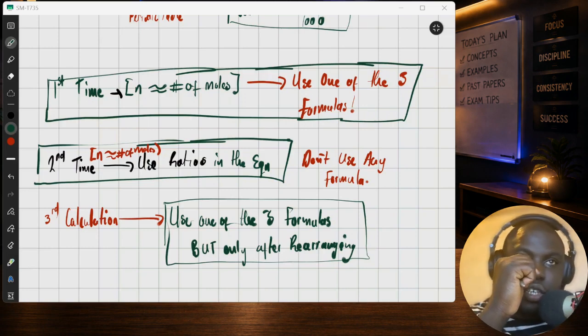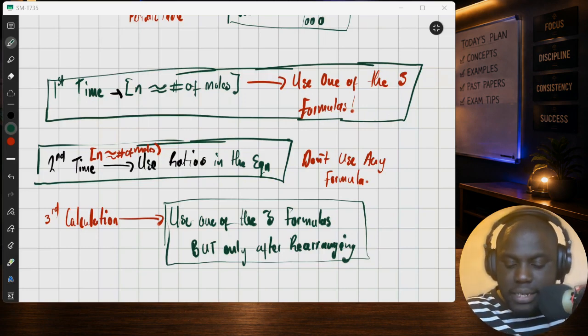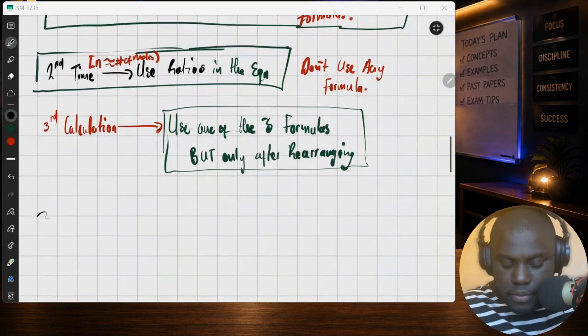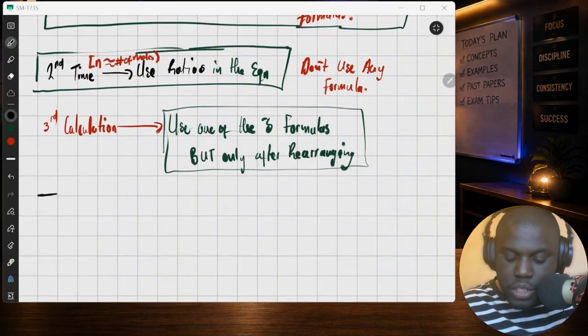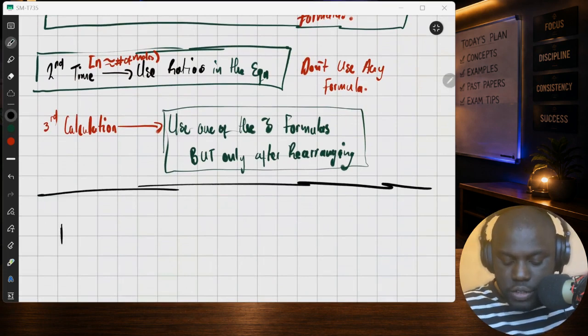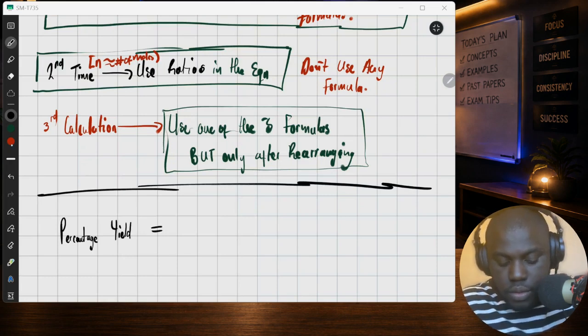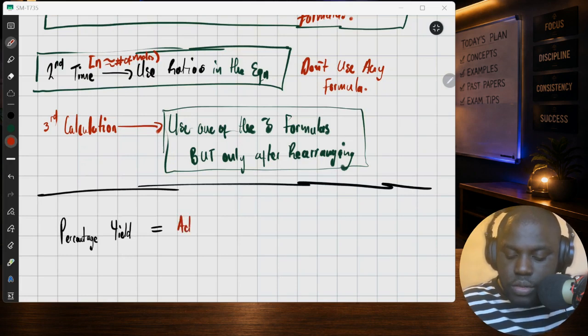Unless they're asking you for the percentage yield. Let's put that as the last thing. The fourth thing that everybody should just know is that percentage yield is equal to actual yield divided by theoretical yield.